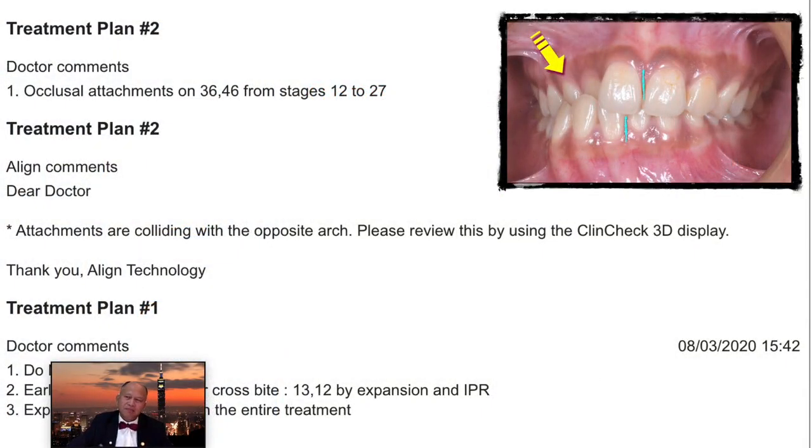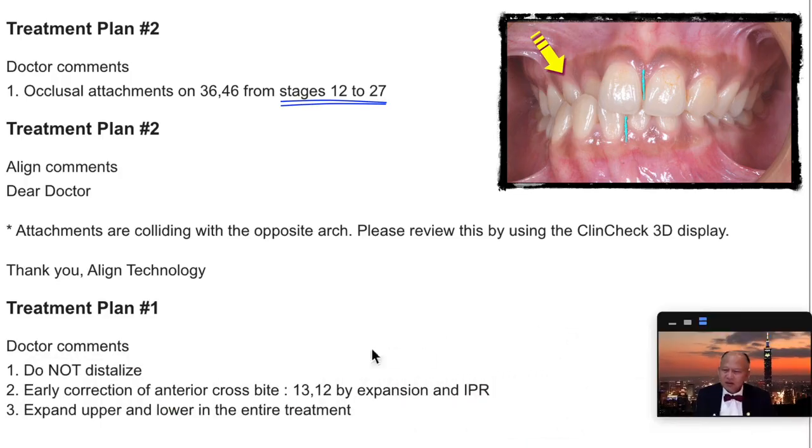So let me recap. For these 3 plans, what I did first is to look at whether any spatial tooth movement is not reasonable. For example, I didn't prescribe distalization. How come they get a distalization? So I change it. Do not distalize. Expand upper and lower in the entire treatment.